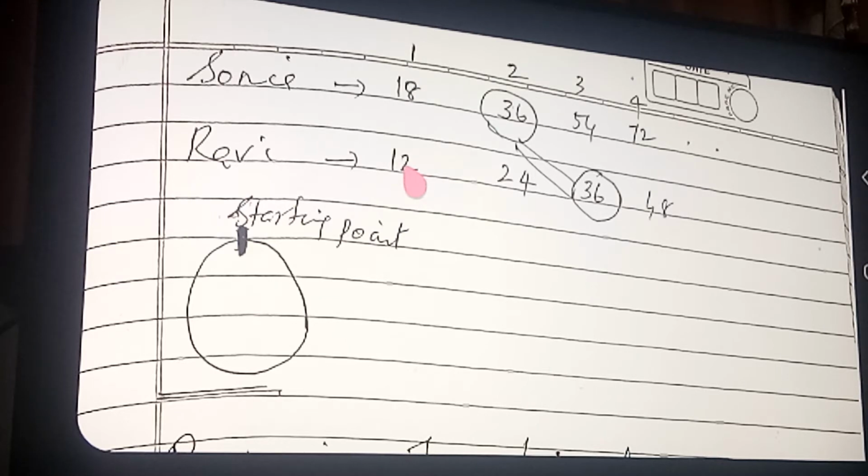In the same way Ravi also runs around that field. First round, starting from the starting point, running and coming back, reaching here after 12 minutes. Again starting and coming back to the same position, again 12 minutes. The previous 12 and this 12, how much is coming? 24. Again the third round completes after another 12 minutes, so after the third round 36 minutes are completed.